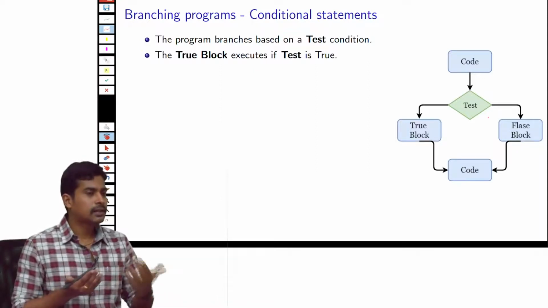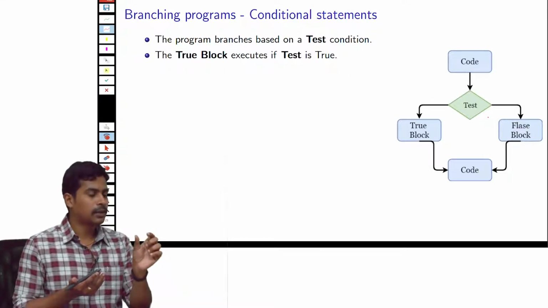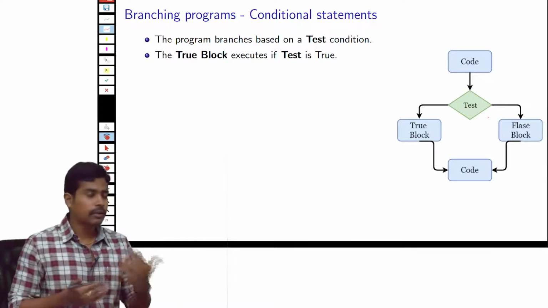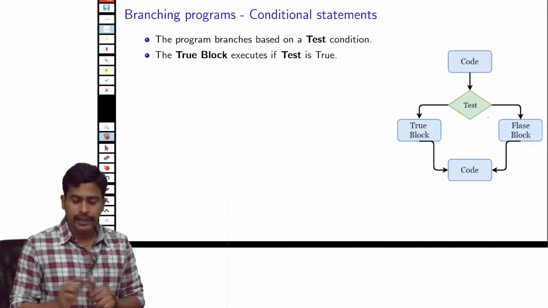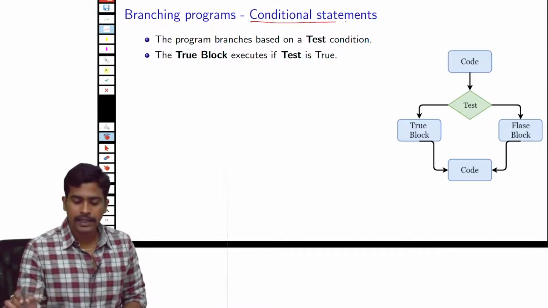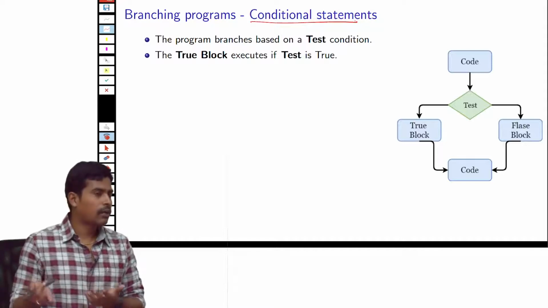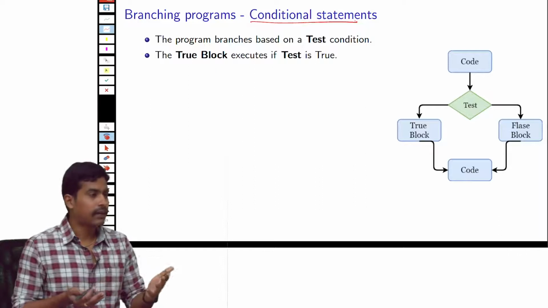So when you ask the thickness of the lens, based on the thickness you want to use either this formula or that formula, right? In order to do that kind of branching in your program, we need something called conditional statements or branching statements. Okay. We all know what conditional statements are from other programming languages, the if and else statements.